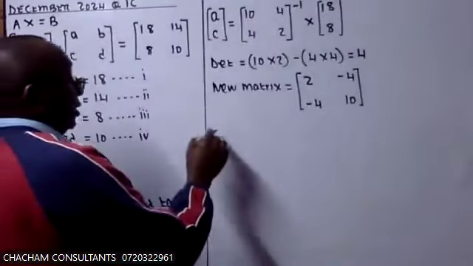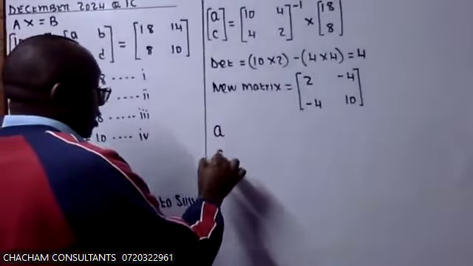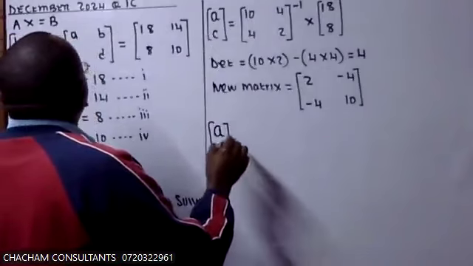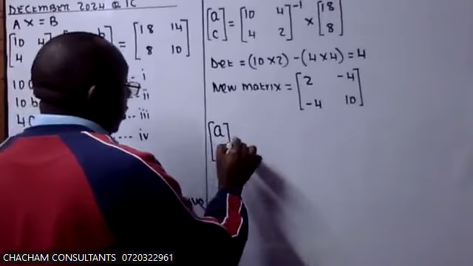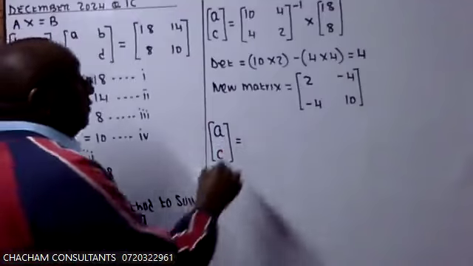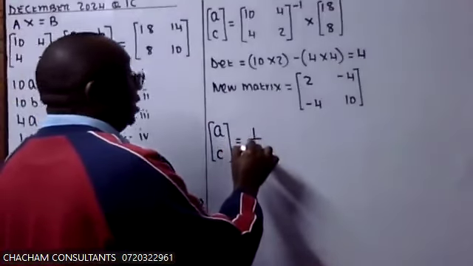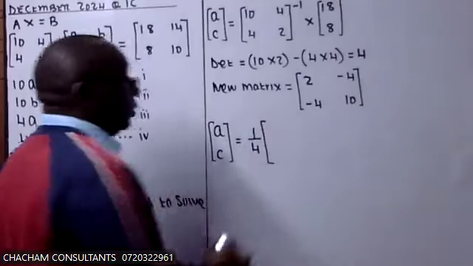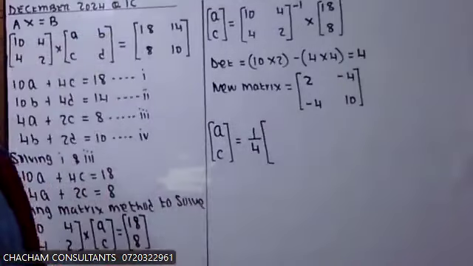So we come back here and say A, C should be equal to the inverse, which is 1 out of the determinant, so 1 out of 4, multiplied by the new matrix.